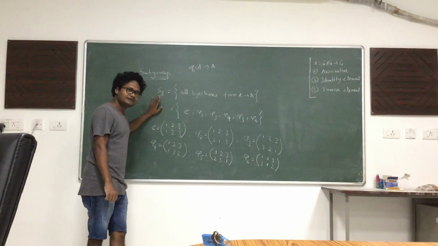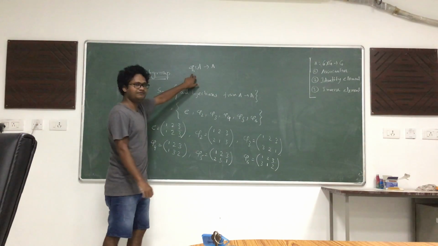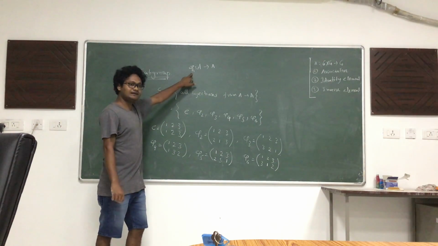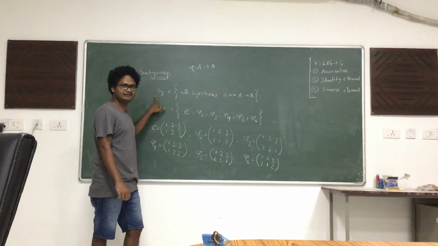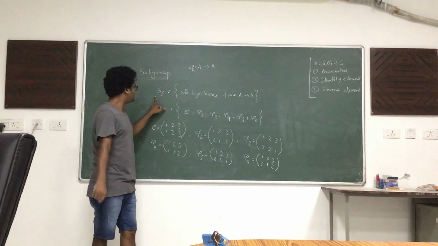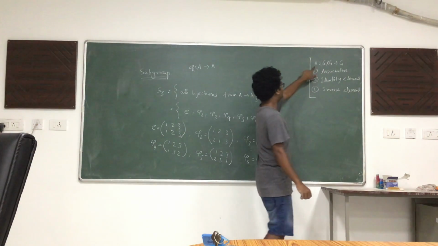S3 is a collection of all the phi i's. The phi i's are the permutation functions, not S3. S3 is the collection of the permutation functions. Right? And what is the structure? What is the binary operation we have given?